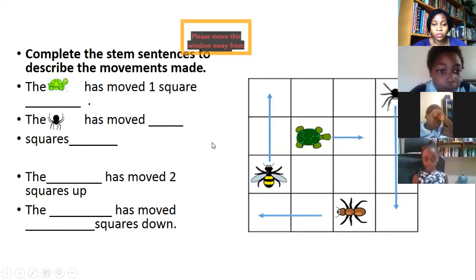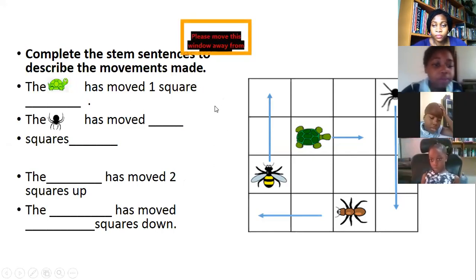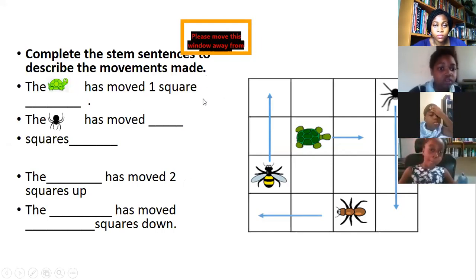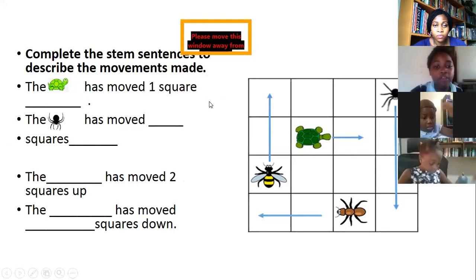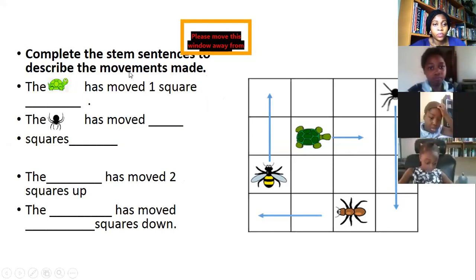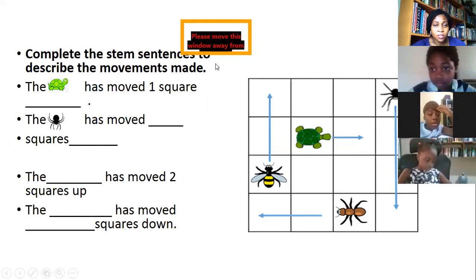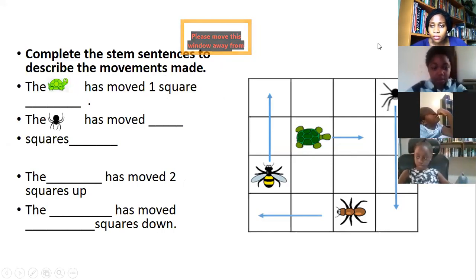Please unmute your microphone. Complete the STEM sentence to describe the movements made. Very good. Complete the STEM sentences to describe the movements made.